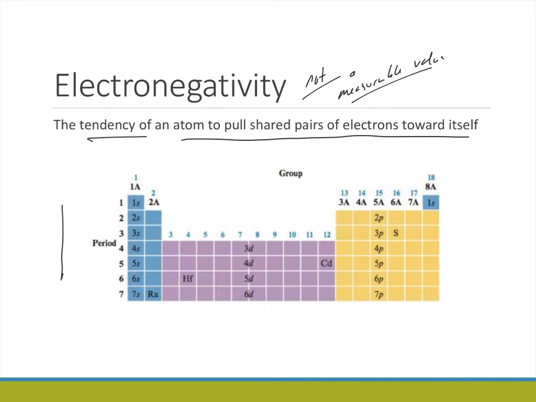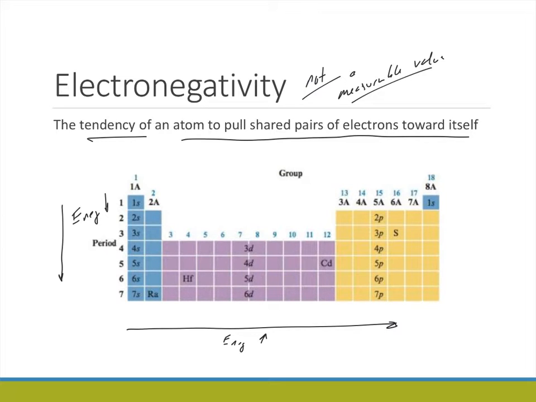As you go down a family, electronegativity, which I write as E neg, is going to decrease. And as you go across a period, electronegativity is going to increase. Again, opposite trend of atomic radius.